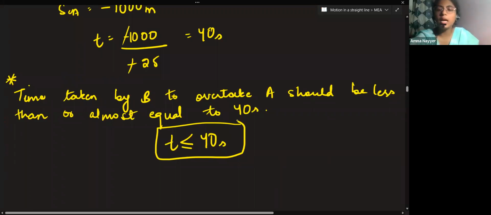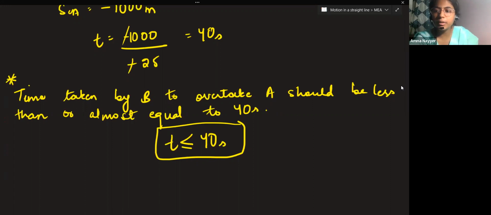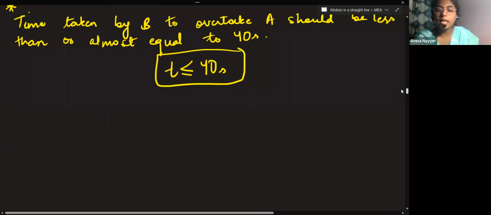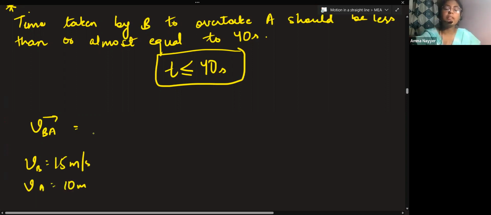Now you just have to calculate the relative velocity between them. You have to find out VBA. Car B's velocity was plus 15 meter per second, and car A was 10 meter per second. Everyone, tell me in the chat box, what will be VBA?